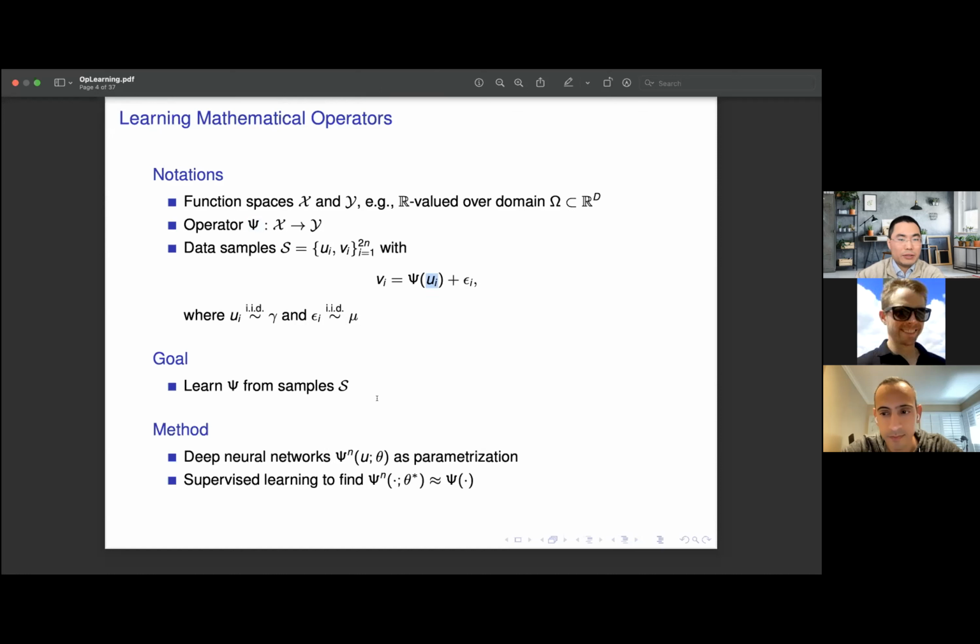Our goal here is to learn this unknown operator psi from finitely many samples. Typically, we might want to build a deep neural network psi_N to parameterize the unknown operator psi, and we want to find the parameters of this neural network such that it can approximate the unknown operator very well for all the possible sample (u, v) pairs.